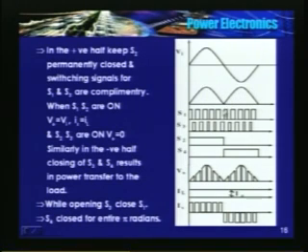Somehow in the positive half, S1 and S2 should be on to supply the power. So I kept S2 on for pi radians, and S1 is triggered on and off several times. This depends on the pulse width strategy.